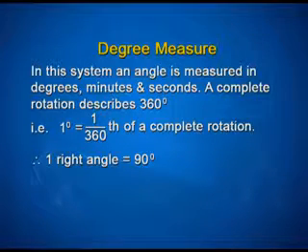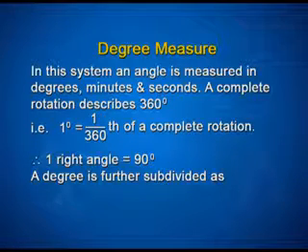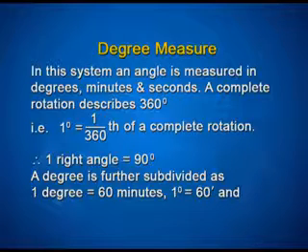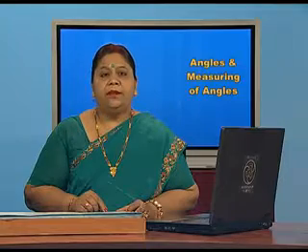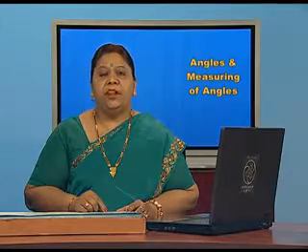Therefore, one right angle is equal to 90 degrees. A degree is further subdivided as 1 degree is equal to 60 minutes and 1 minute is equal to 60 seconds.